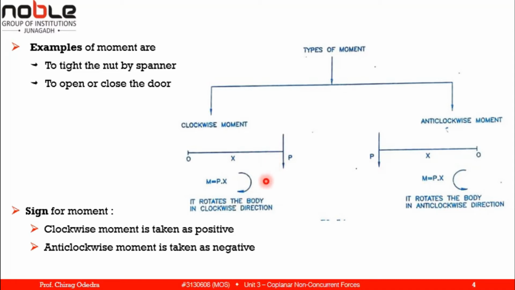So this gives the direction of moment, that is clockwise. Similarly, if we are fixing thread here and this force P rotates the thread in the anti-clockwise direction, so this is the anti-clockwise moment. Okay, so there is one simple method to decide the direction of the moment.